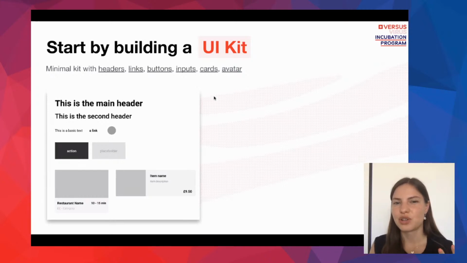So it's important to have a UI kit to remember what your brand is, and have a visual representation that is the same throughout each view. That's quite important to have a very nice flow on your website. You don't want things to look different on each page because it might throw the user off. So that's why it's important to do that.